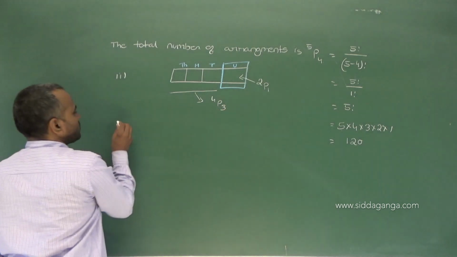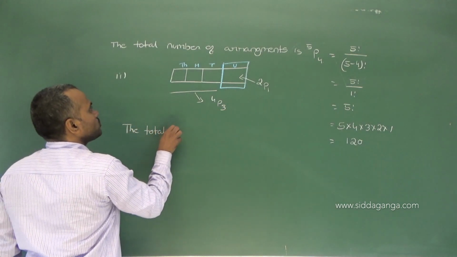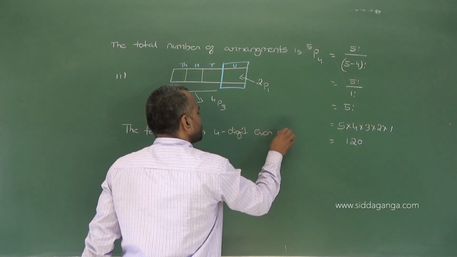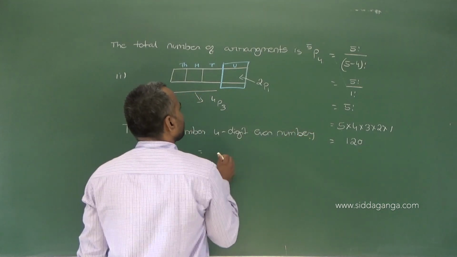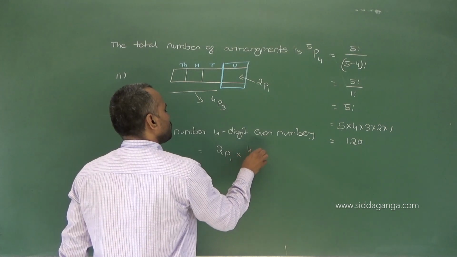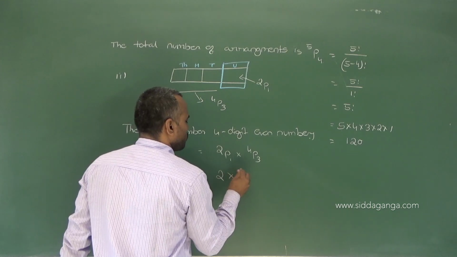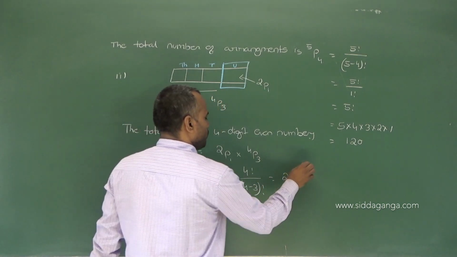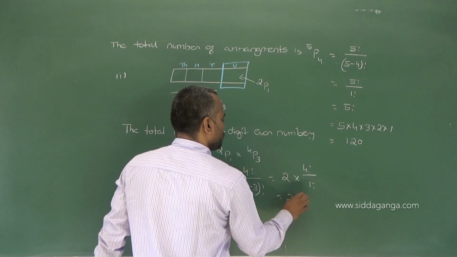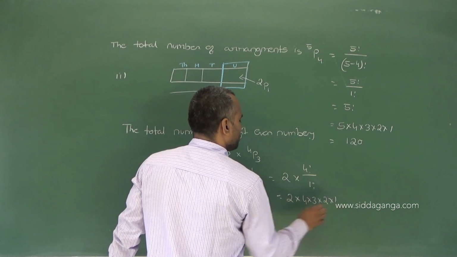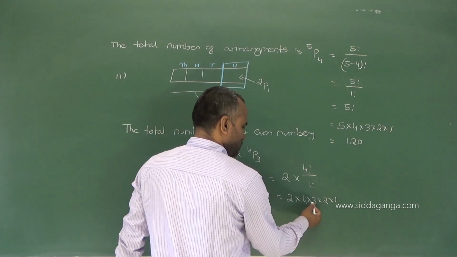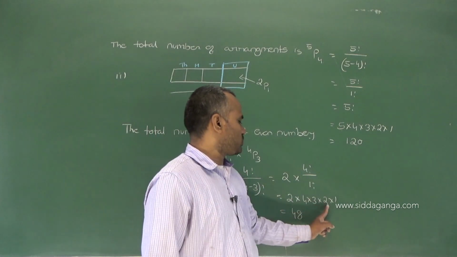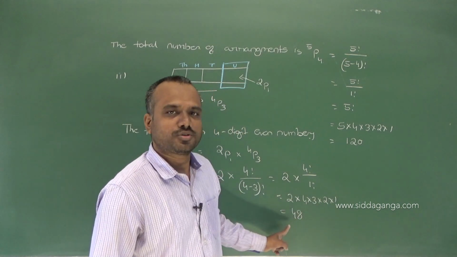Second one, the total number of 4-digit even numbers is equal to 2P1 into 4P3. 2P1 is 2. 4P3 is 4 factorial divided by 4 minus 3 factorial, so 2 into 4 factorial divided by 1 factorial. 2 into 4 into 3 into 2 into 1. 3 2s are 6, 6 4s are 24, 24 into 2, 48 ways.